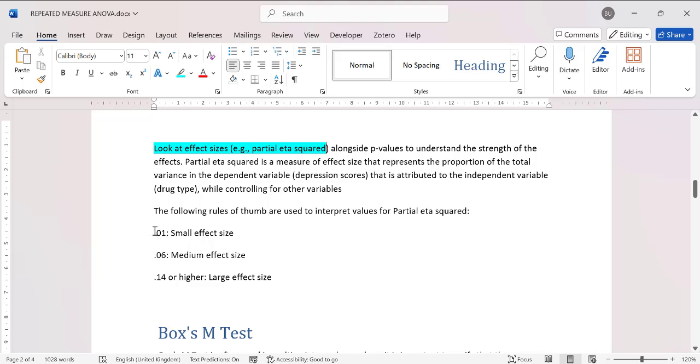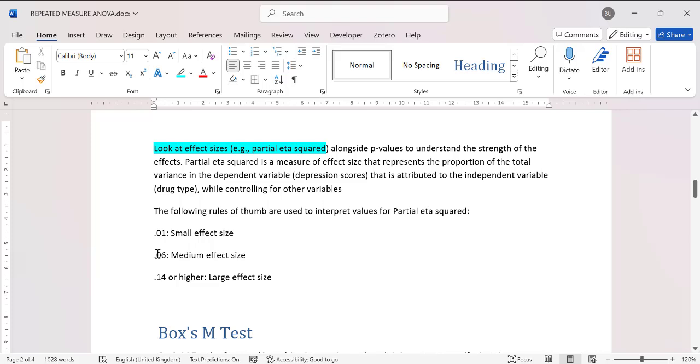For a small effect size, the range is between 0.01 and below 0.06. That is a small effect size for the partial eta squared.